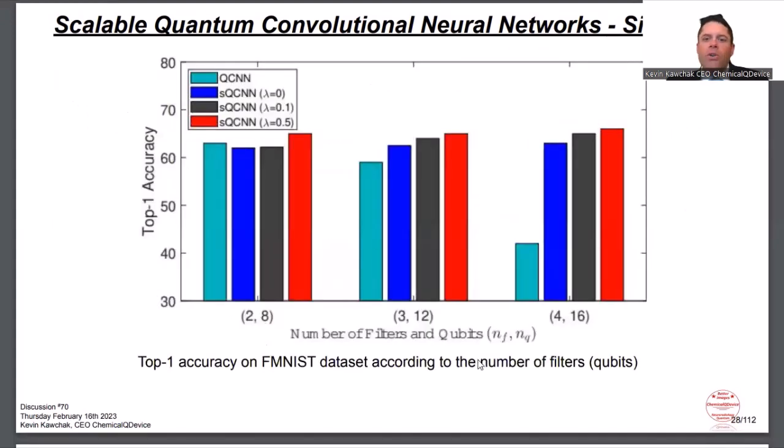You could see as the number of filters and number of qubits increases from 2,8, 3,12 to 4,16, the trend is with more, well, it just depends, right? The more RF train that they use, so 0.5, actually it is that case. So 0.5 is greater than 0.1, is greater than 0 in the 4,16 here. So red is greater than black, is greater than blue. So the more RF train that they use, this lambda function, the better.